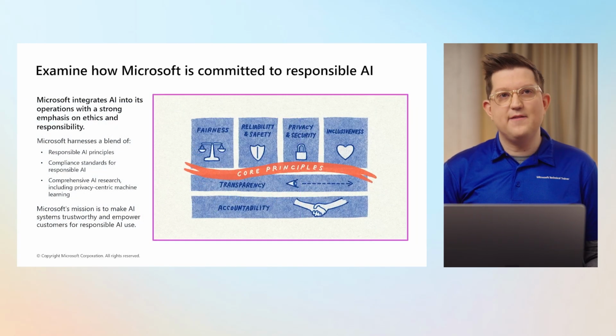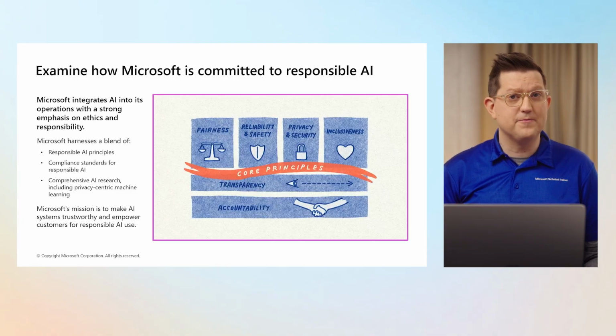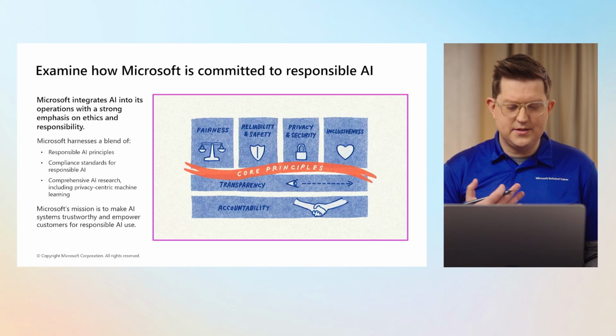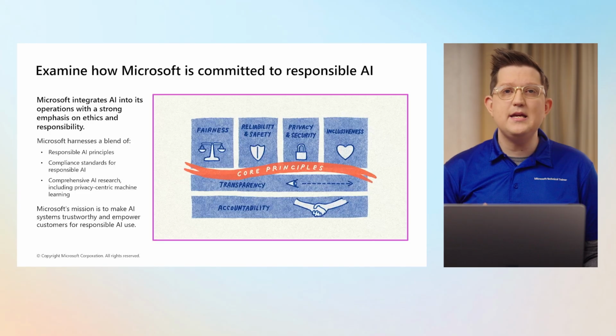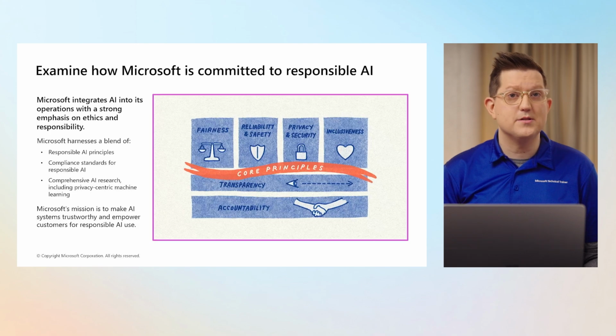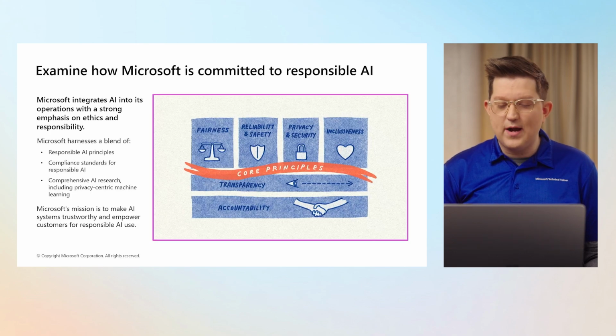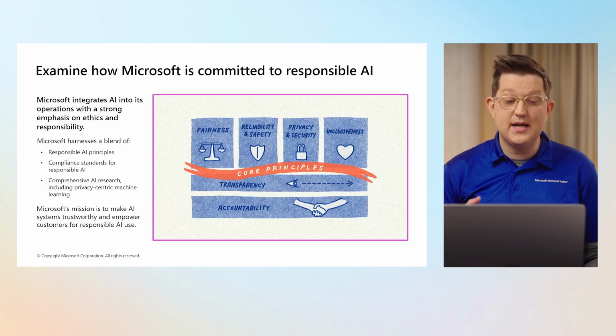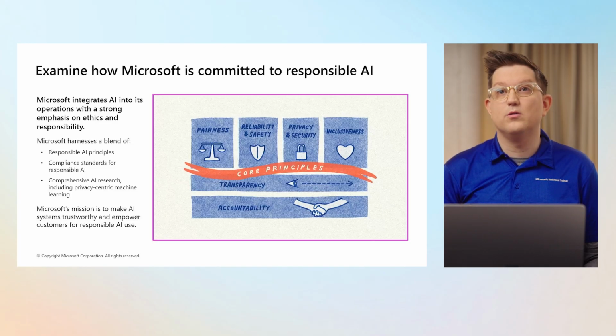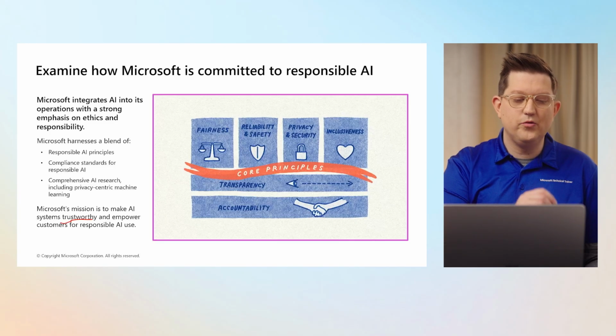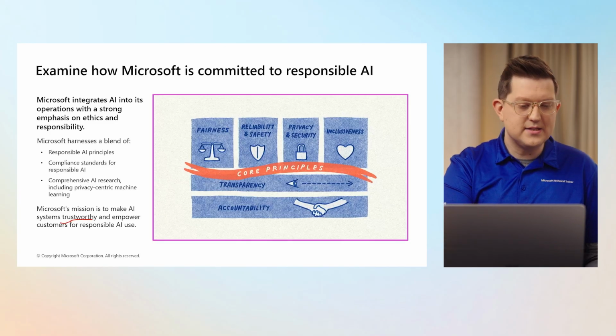The last big piece I want to emphasize here, before I just show you a little bit of Copilot, is I want to talk about our responsible AI. Microsoft has, for a very long time, had a key set of responsible AI principles, and we adhere to them at all times. Responsible AI principles and practices around compliance with various government organizations and government bodies, making sure that we are using this in a way that makes sense and ensuring that you have access to the tools in a safe manner. This is our core goal. The AI tools that we have should be trustworthy. That is a key component of it.